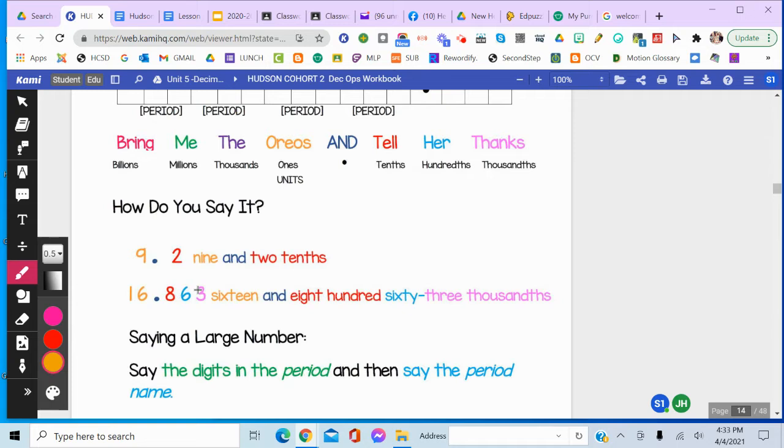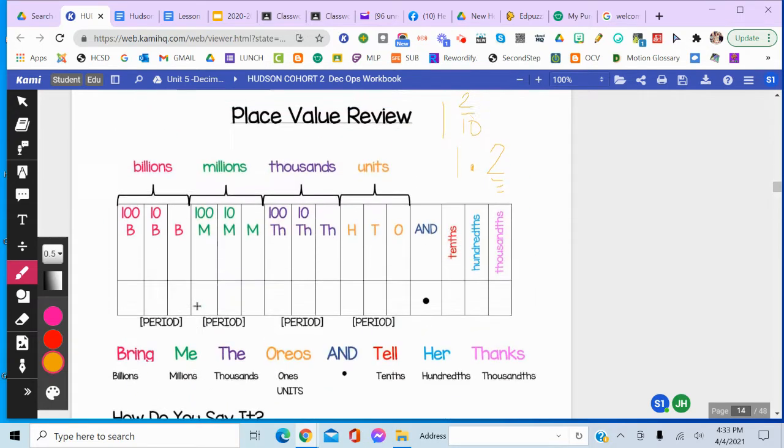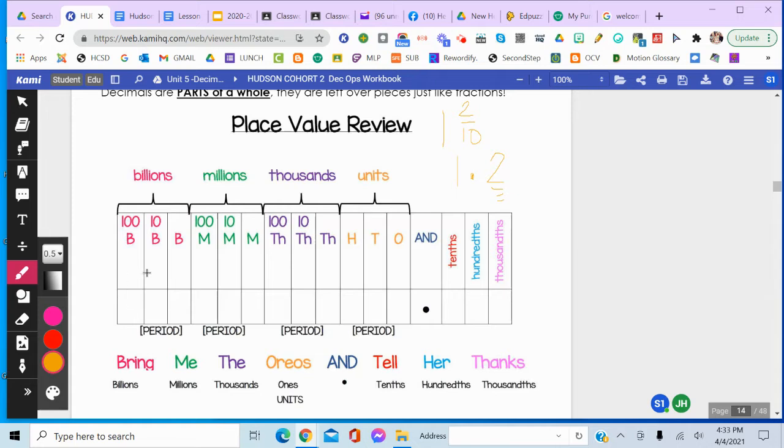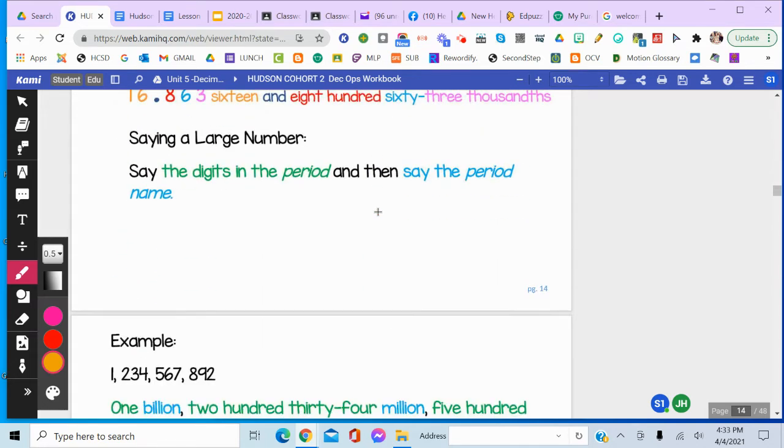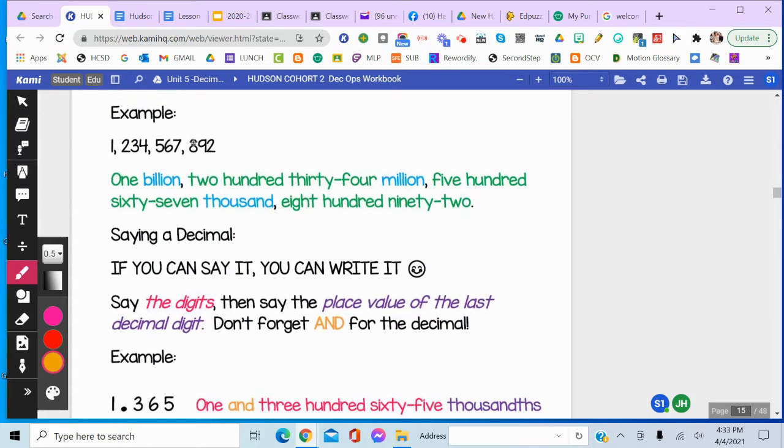Kids get a little bit caught up sometimes when we're looking at bigger numbers. On the whole number side, numbers are broken into periods: billions, millions, thousands, and then your units, which are the hundreds, tens, and ones. If you're looking at a really large number, you say the number within each of those periods, and a period is separated by a comma.